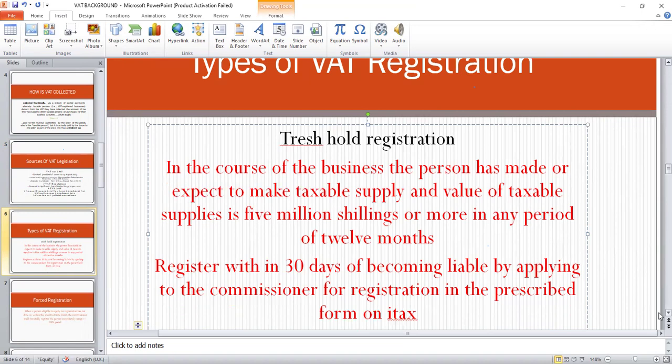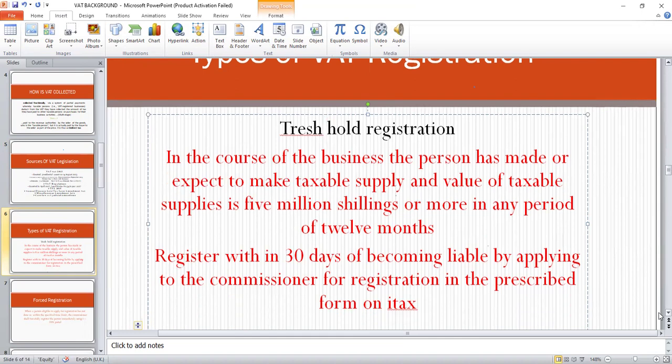You have to register within 30 days of becoming liable by applying to the Commissioner for registration in the prescribed form on iTax. So if you are expecting to make 5 million or you have made 5 million in sales, you need to register within 30 days of becoming liable.